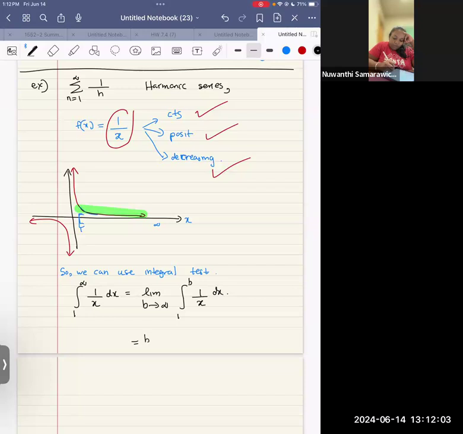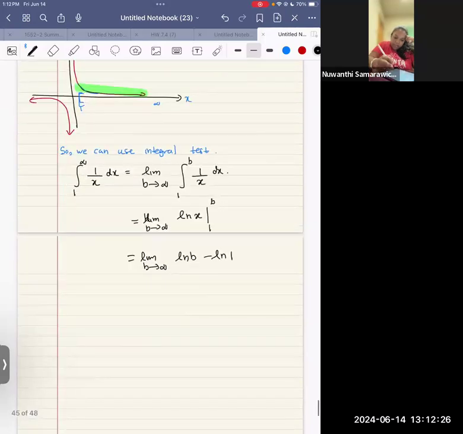What is the antiderivative of 1 over x? It's just ln x, the natural log. So it's ln x from 1 to b. As b goes to infinity, ln b minus ln 1. What is the answer for ln 1?